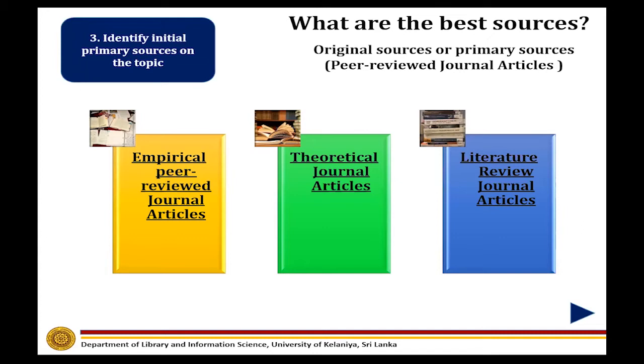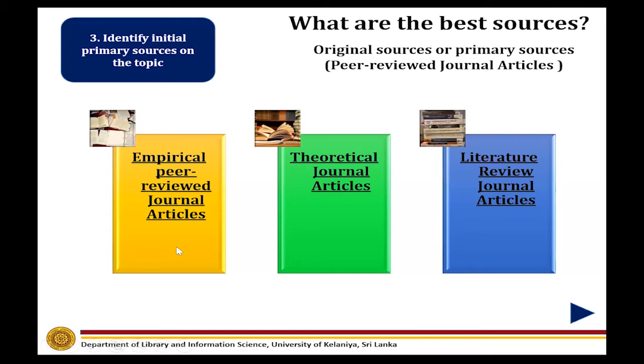There are a number of information sources available for us to use. But for research purposes, I would like to focus on these 3 areas, because apart from the normal textbooks and other information sources, these 3 types of primary sources will again add advantages for your study, right?